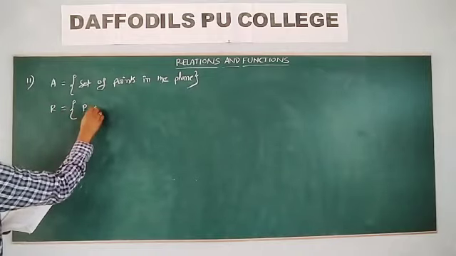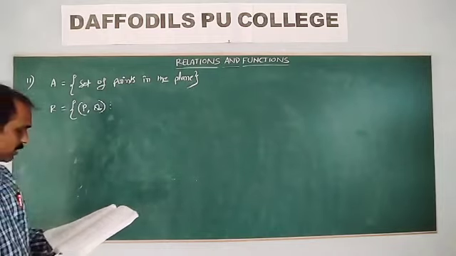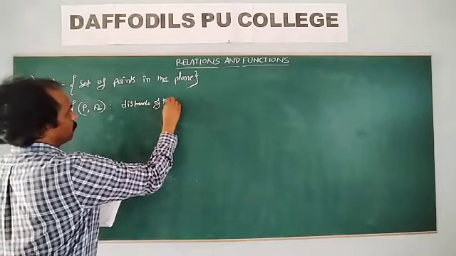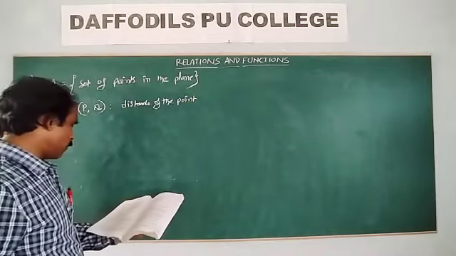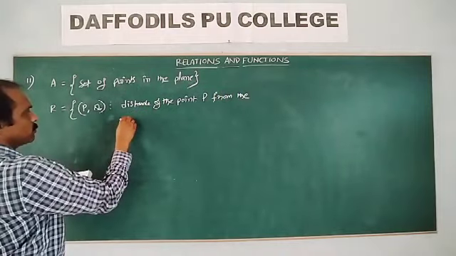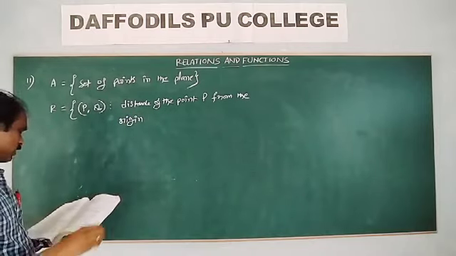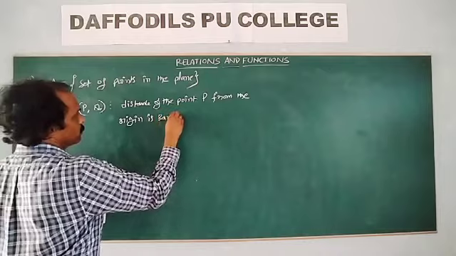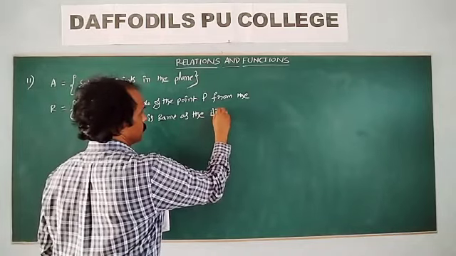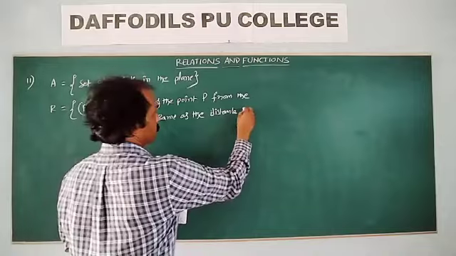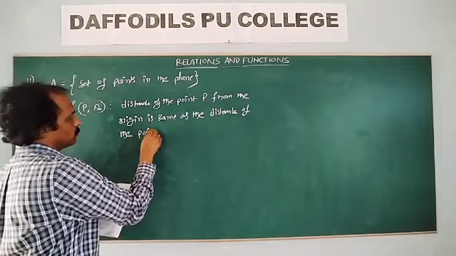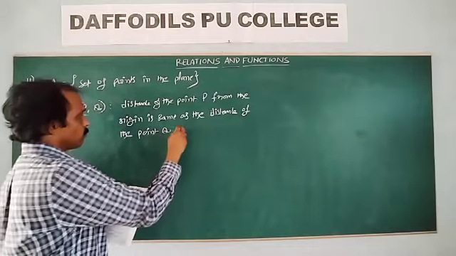The relation is (P, Q) such that the distance of the point P from the origin is the same as the distance of the point Q from the origin.